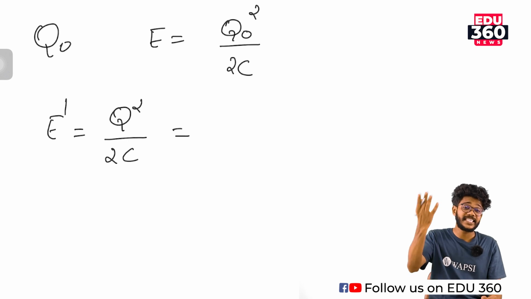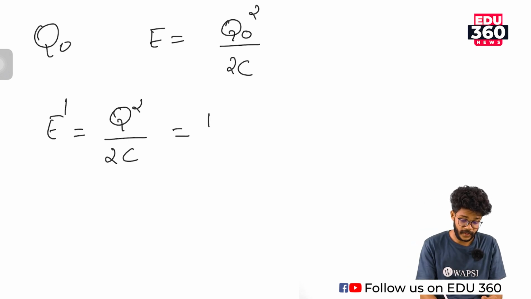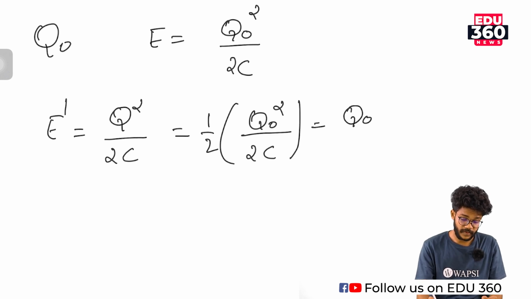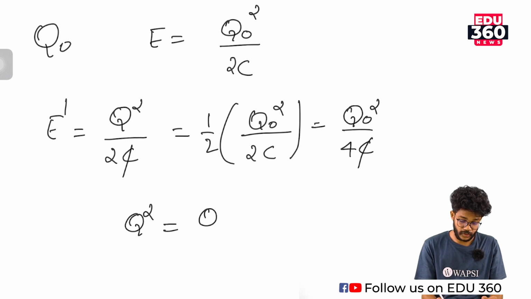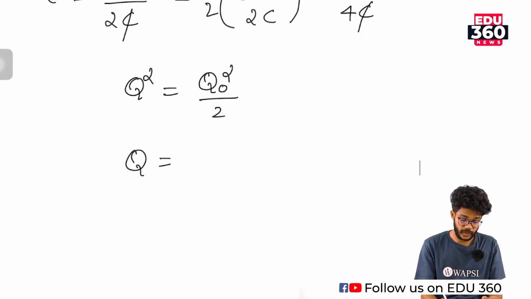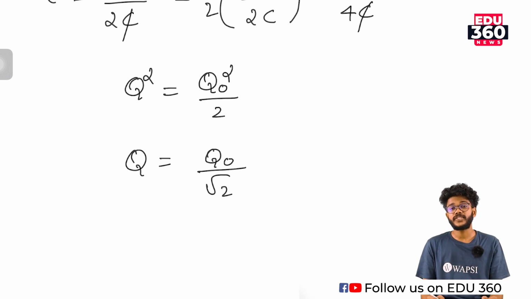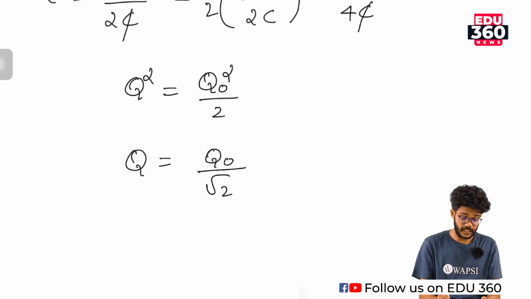So half of Q0 square by 2C is Q0 square by 4C, and C gets cancelled, so Q square is equal to Q0 square by 2, that is, Q is equal to Q0 by root 2.